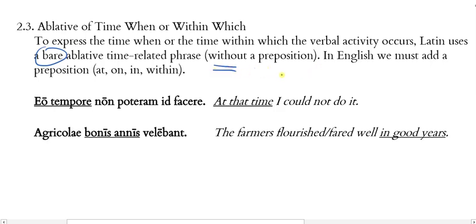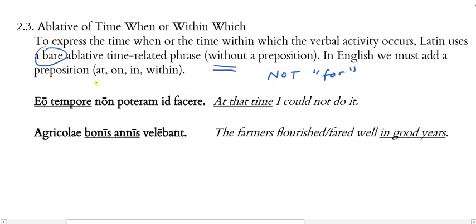All right, just the ablative expression without a preposition in front of it. And in English, when we're translating it, we do have to add a preposition, like at, on, in, or within. And Wheelock makes the point that we do not use the word for. You don't want to use one of these expressions with the English translation for, as in for 10 days, because that is a different expression in Latin.